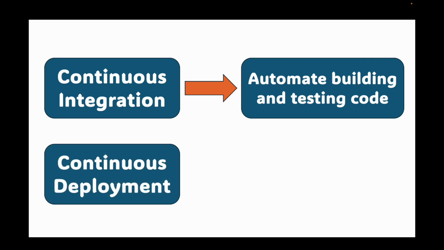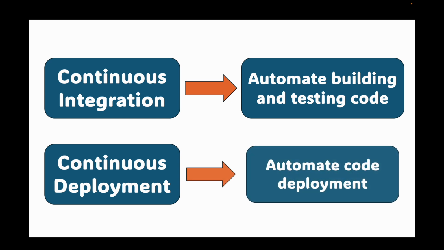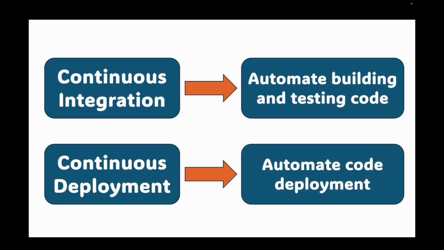And CD or continuous deployment on the other hand is when you want to automatically deploy that code to your environments like QA environments or prod environments. We can make use of your continuous deployment. And this is exactly where we can make use of your GitHub Actions.